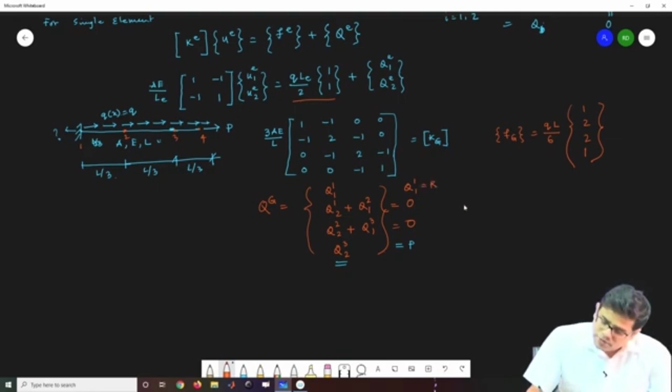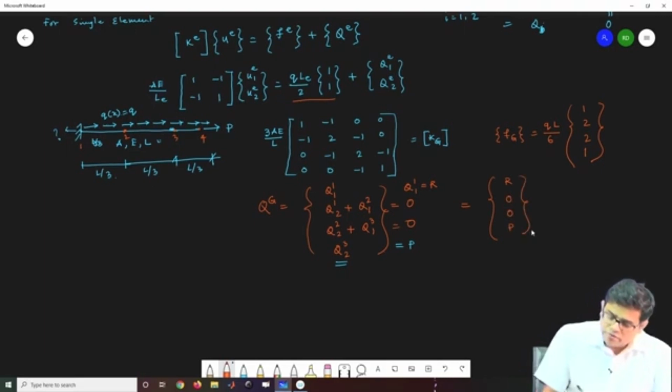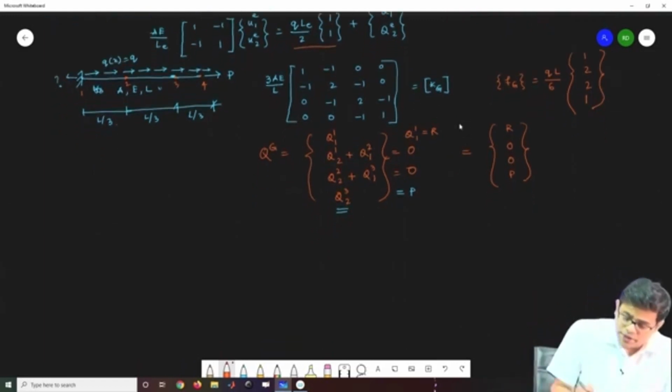So what becomes my QG? QG becomes R, 0, 0, P. So this is the whole equation for this bar with 3 elements.